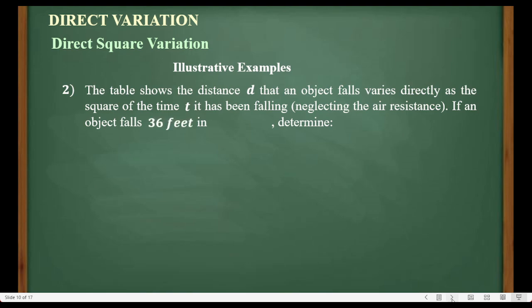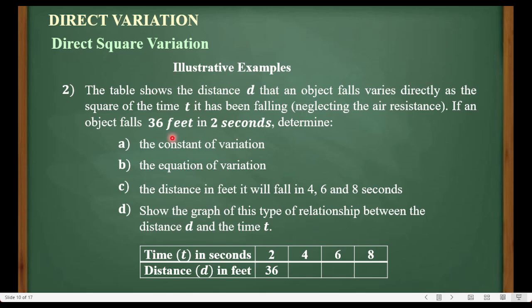If an object falls 36 feet in 2 seconds, determine the following: A, the constant of variation; B, the equation of variation; C, the distance in feet it will fall in 4, 6, and 8 seconds; and D, show the graph of this type of relationship between the distance d and the time.